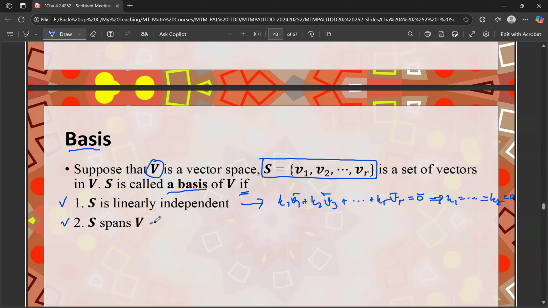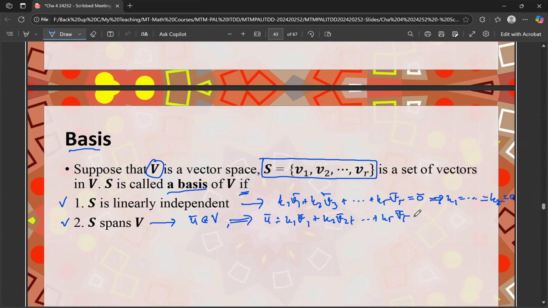And what about span? How to show span? We choose any vector U in V, and we must show that U can be a linear combination of K1 V1, K2 V2, up to KR VR.